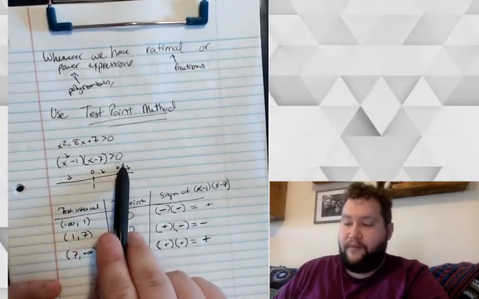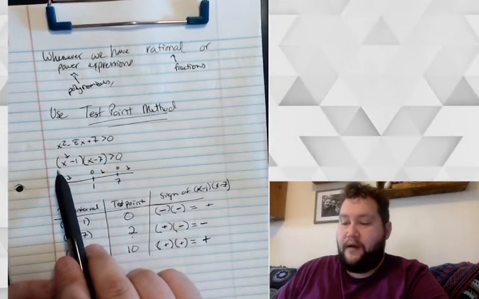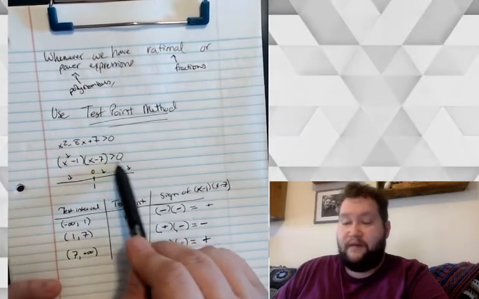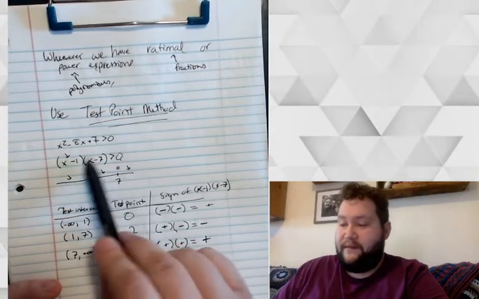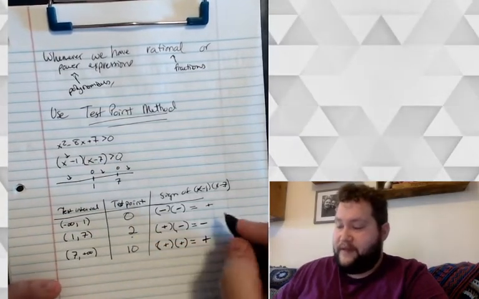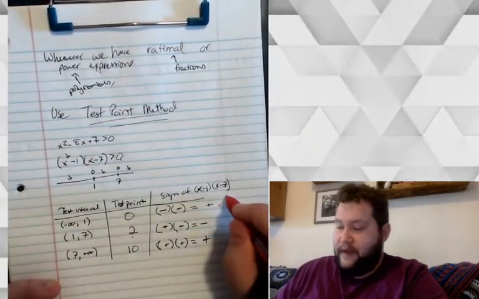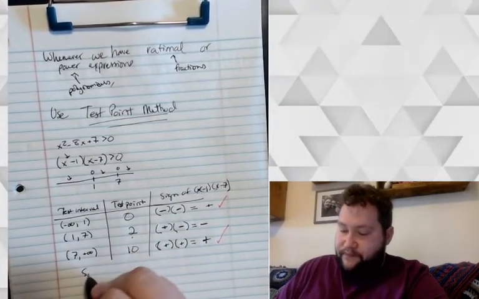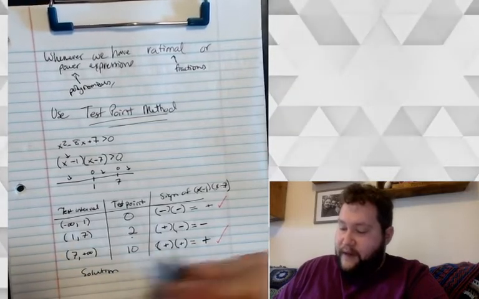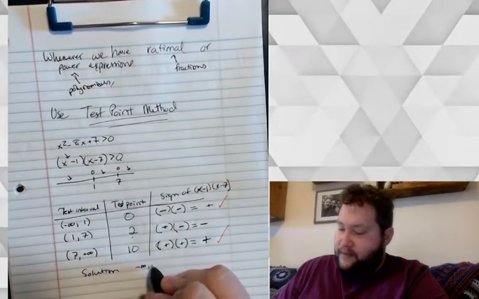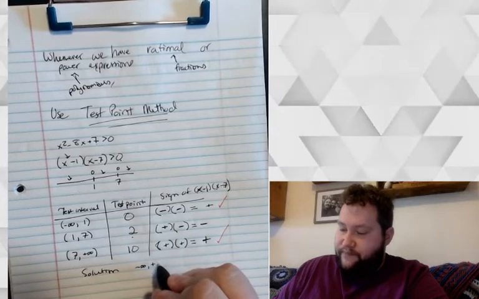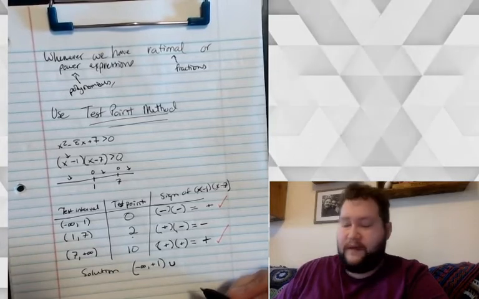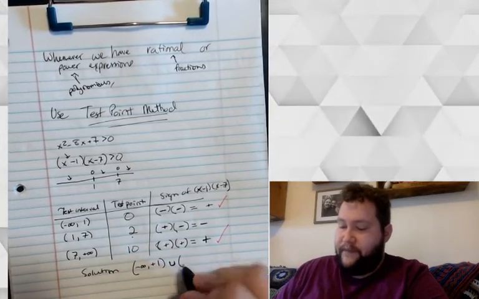at our original. We want to know where x minus 1 times x minus 7 is greater than 0, where this is positive. Well, we said it's positive here and here, which means our solution is negative infinity to 1, or, and this is our union symbol to put two sets together, 7 to positive infinity.